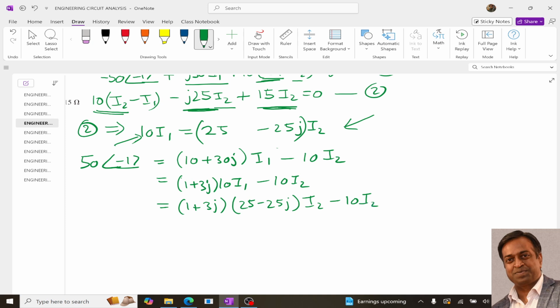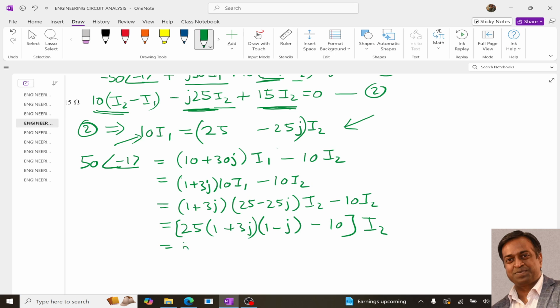Now you can solve this in any way. You can convert these into polar form, multiply, and then come back to the complex form. Anyway, let me try it with I2 as common, so minus 10 I2.